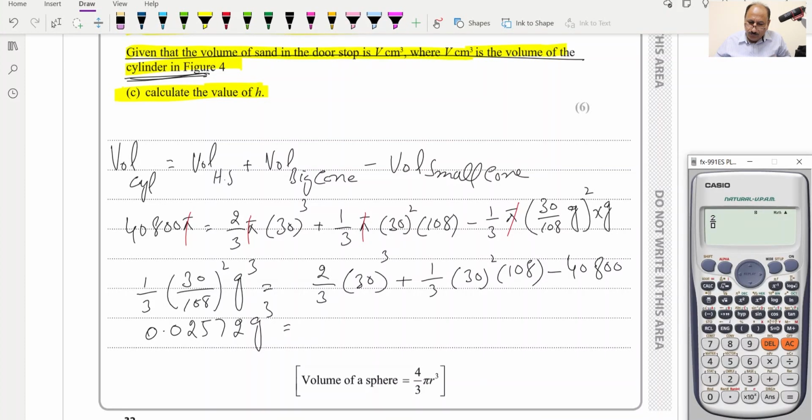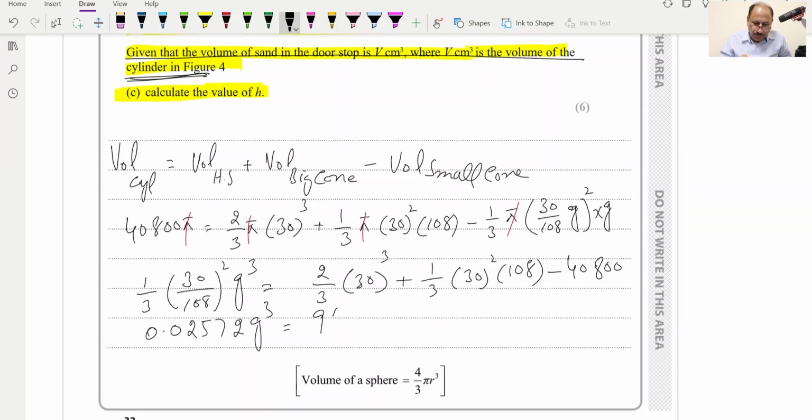So it will be 2 over 3 into 30 cubed, plus 1 over 3 into 30 squared multiplied by 108, and minus 40800, and this is equal to 9600.